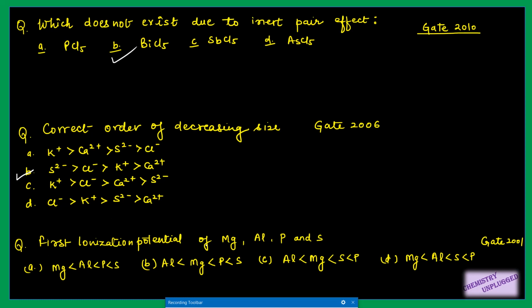Then first ionization potential of magnesium, aluminium, phosphorus and sulfur. So these all belong to different groups but the same period. So we can think that when we are moving from left to right in the period, ionization potential will increase. We have this concept that ionization potential should increase when we move from left to right.